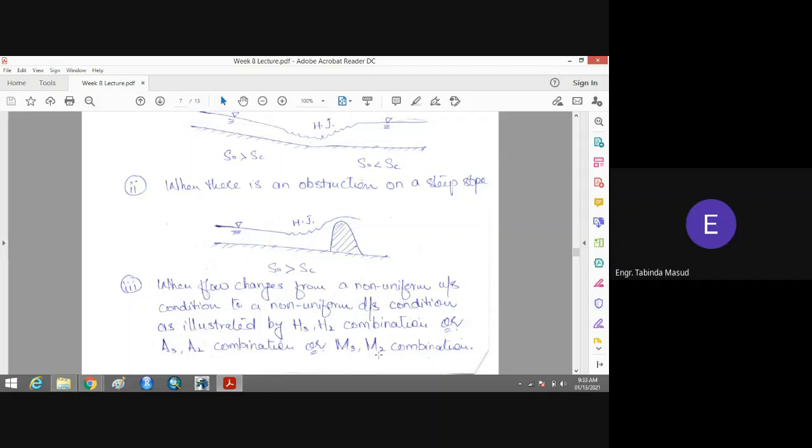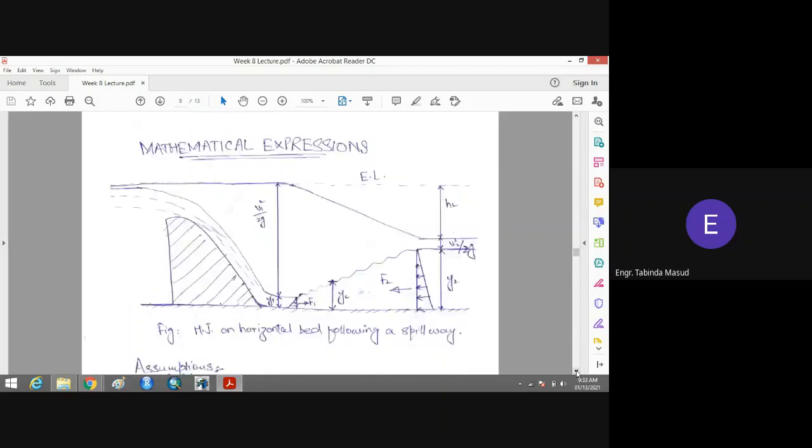These are actually different types of water surface profiles, where hydraulic jump occurs. So we will discuss all these water surface profiles in our next class, and then you will be able to understand how the hydraulic jump occurs for these water surface profiles. So leave the explanation of this point for a moment.